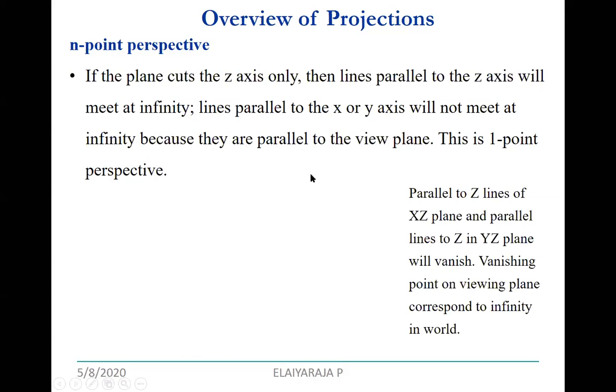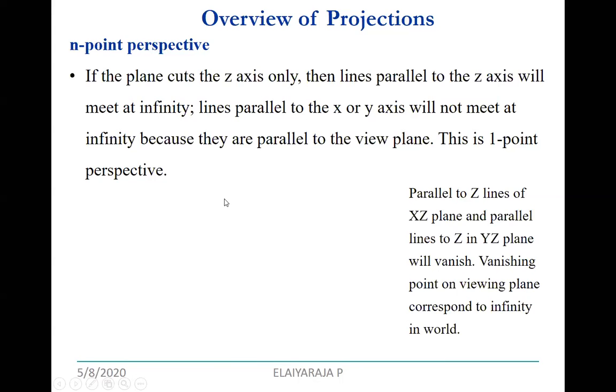Suppose you have the x and y plane and you are viewing through the z-axis. Both the x and y lines will be parallel to the view plane, so they will not meet at infinity.